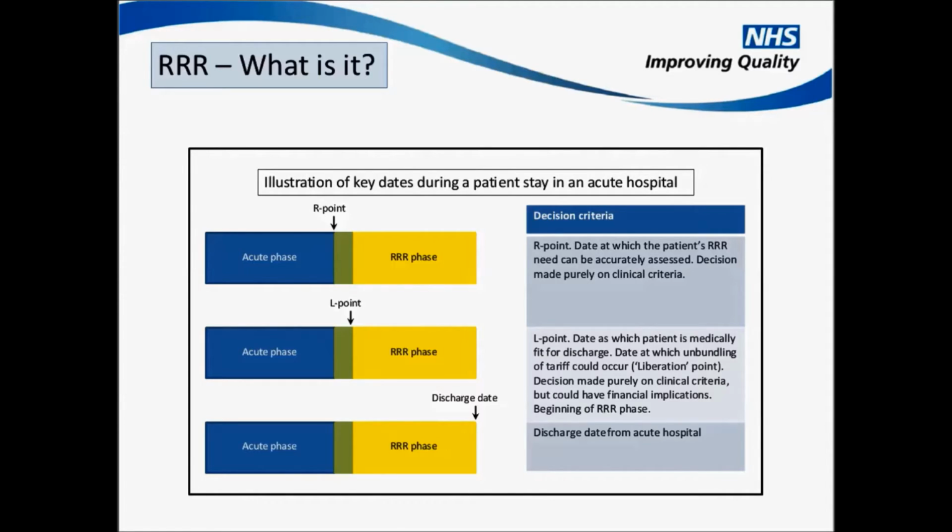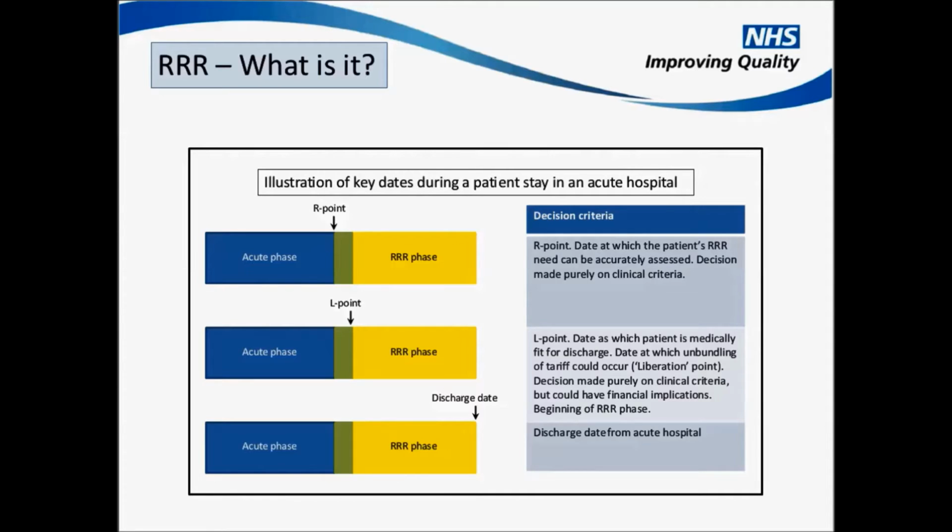So the idea is that at some point in the patient's pathway, you should be able to make an accurate assessment of what their RRR needs will be, and then sometime after that point, the patient will actually be medically fit for discharge.